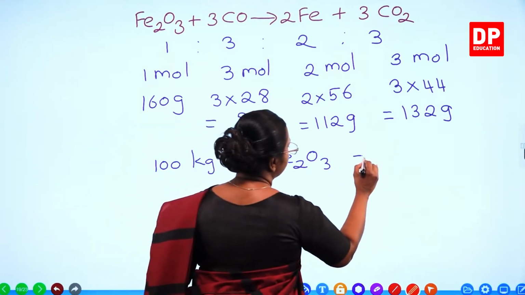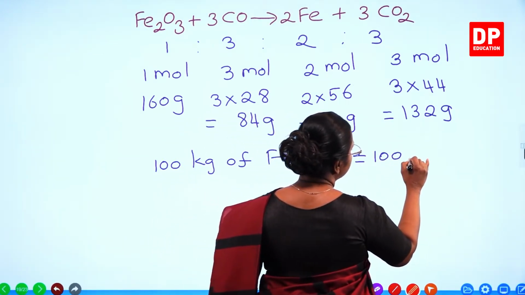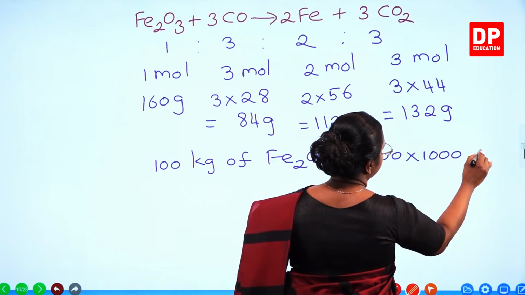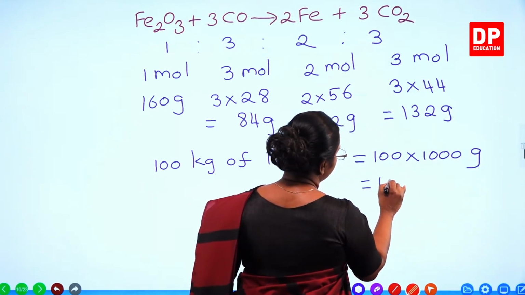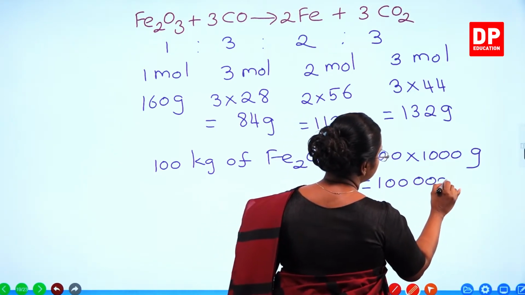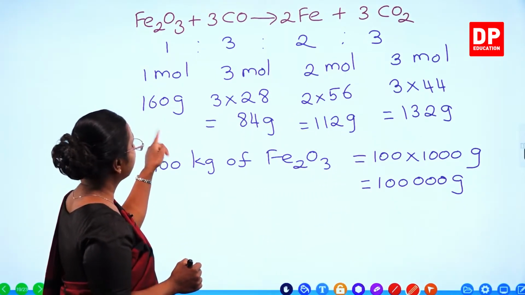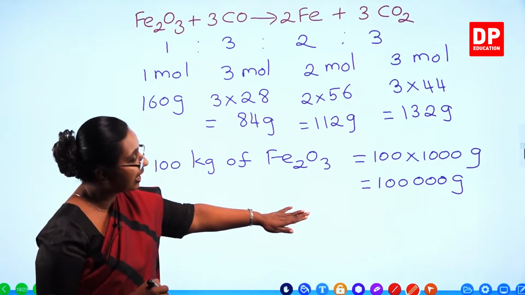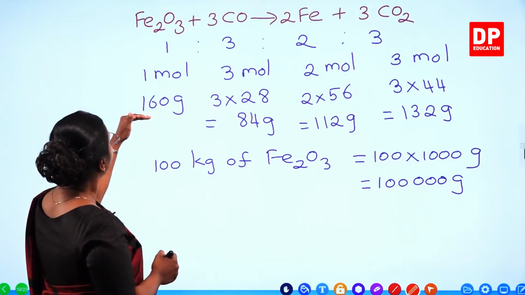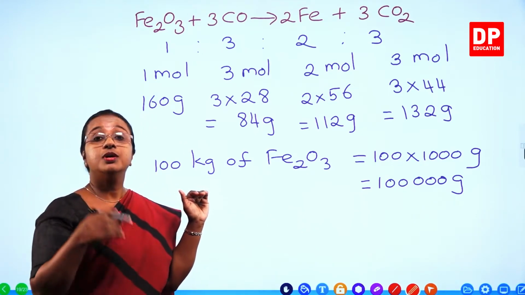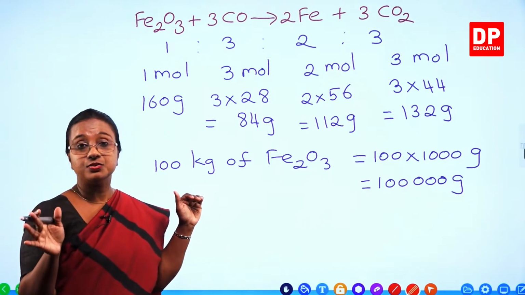That is equal to 100 into 1000 grams, so 100,000 grams of hematite. Either you can convert to grams and do the calculation, or you can convert these to kilograms. Either way is okay.